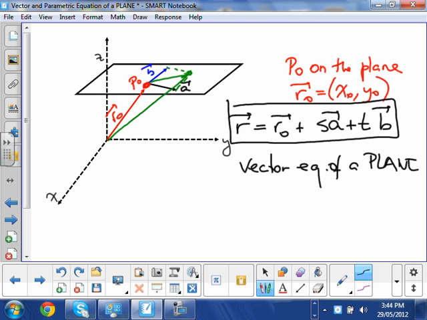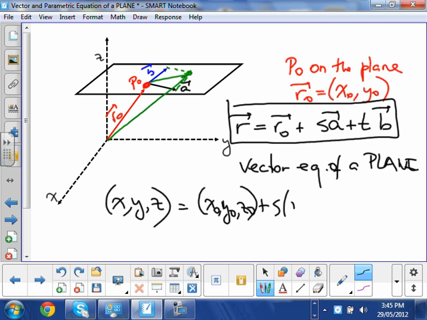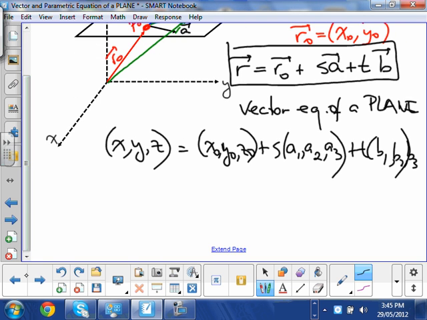Good. Guess how I'm going to get the parametric equations. R on components is x, y, z, R0 is x0, y0, z0, plus S times A, where A is A1, A2, A3, the three components, plus T times B, B1, B2, B3. So I can write my three parametric equations of a plane.